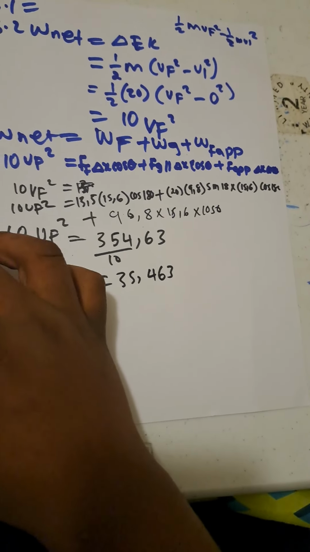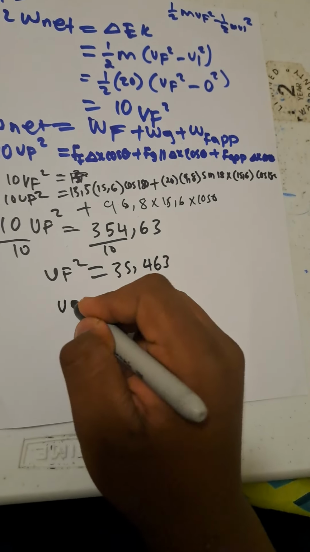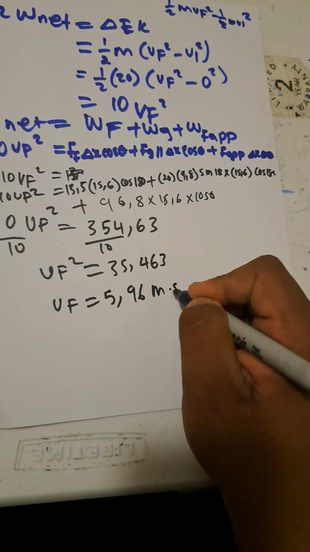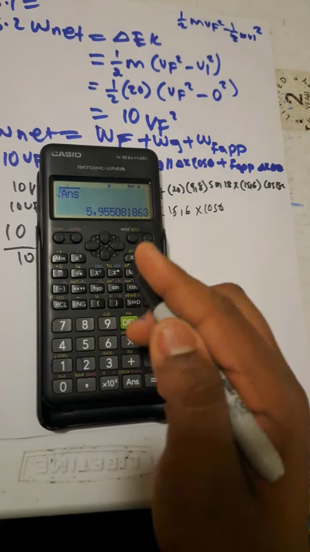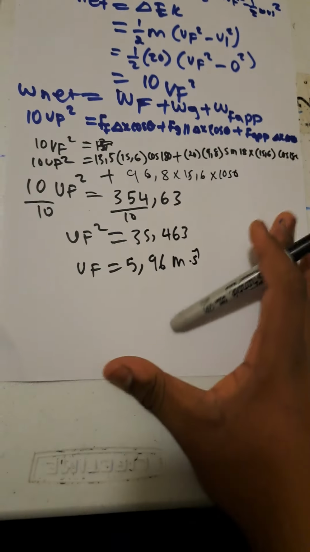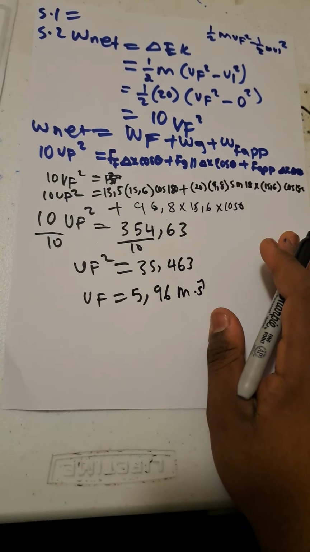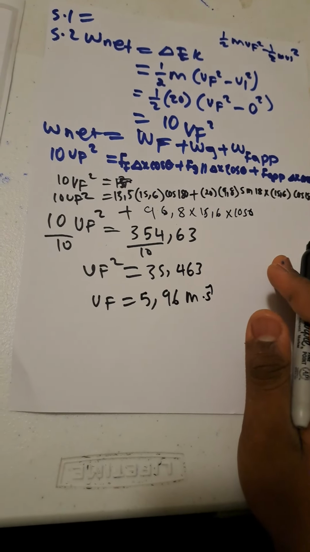Then my square root of 35,463 is 5,96 meters per second, as you can see here. So now I'm done. My Vf is 5,96 meters per second when it reaches point C.